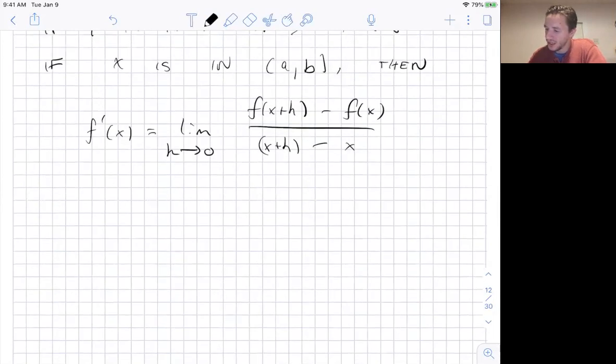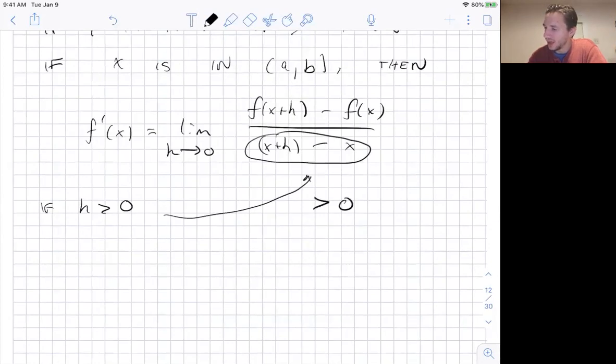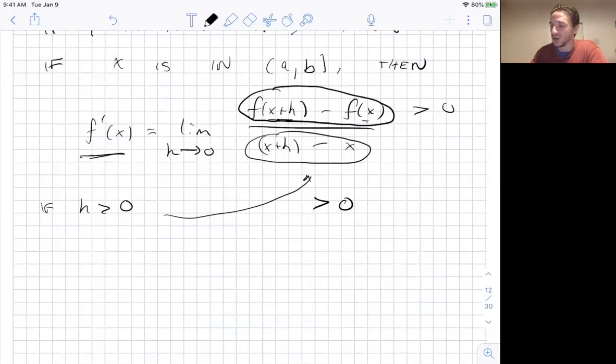Well, let's say for a second h is positive. If h is bigger than 0, then the bottom is positive, right? And the top, well, if h is positive, then x plus h is bigger than x. So the top is also positive, because we're assuming now that f is increasing, and I want to show that f prime is bigger than 0.